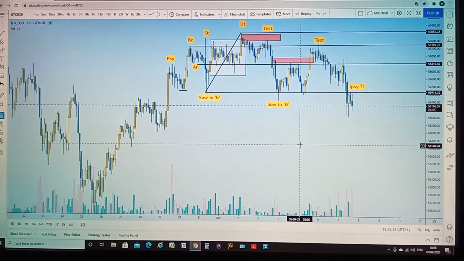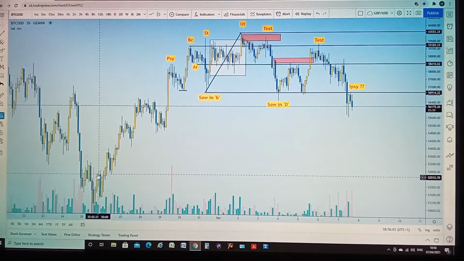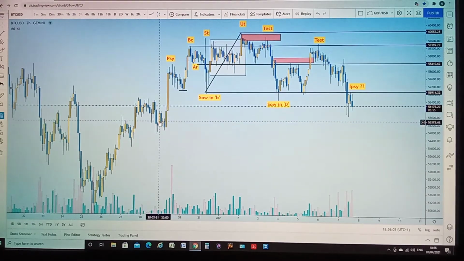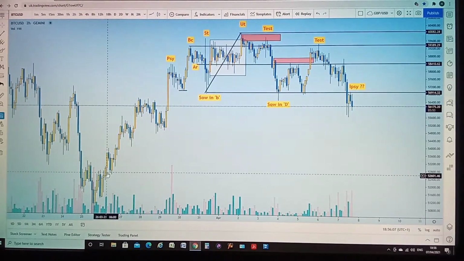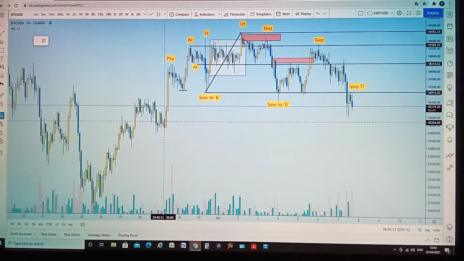Now, my initial target, selling this to the downside, would be down here. Okay, I've got 2 targets. I've got one here and one down here as it starts to come down and complete its cycle on its 5 wave down.